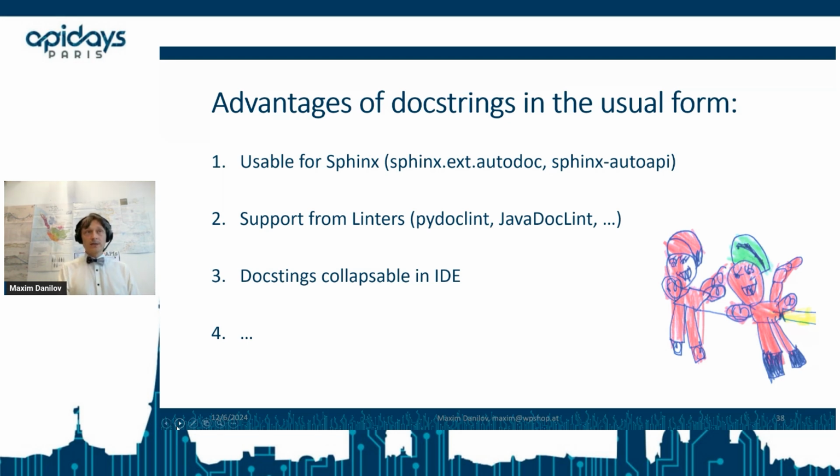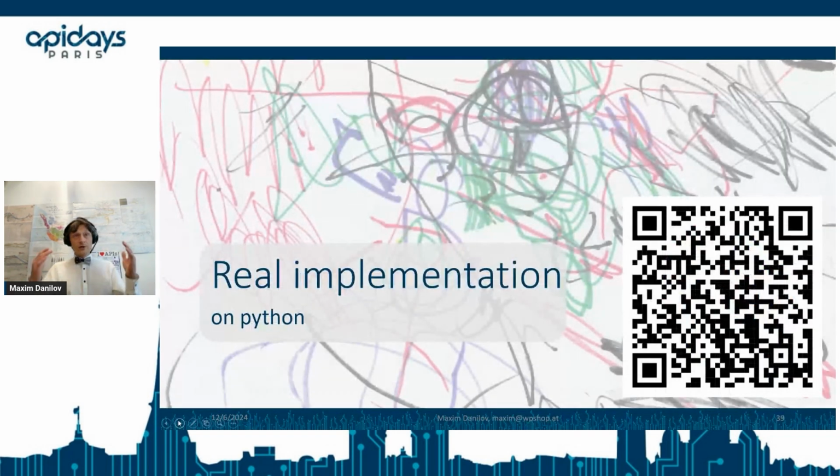It's supported by linters, docstrings are collapsible in the IDE, and many other advantages we find if we use docstrings as a provider for YAML generation for a single entry point, a single method dispatcher. And the real implementation in Python, how it works, you can find by this query code.